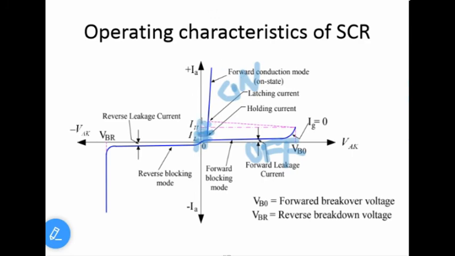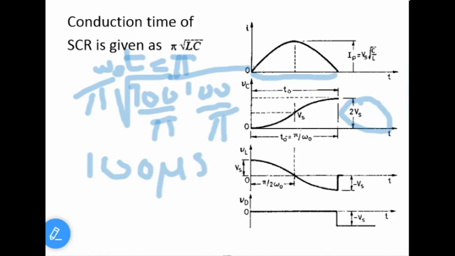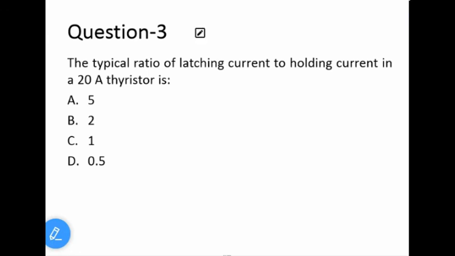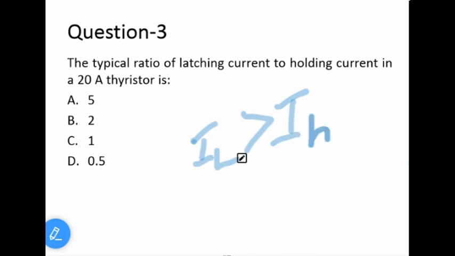As you observe, latching current is somewhat higher than the holding current, but you want the ratio, latching by holding. From that graph you can observe that latching current is greater than holding current.